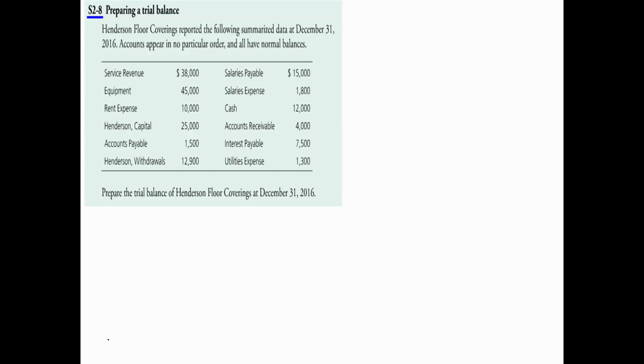So here's one where we're going to do it. We'll put our account name here. I have it squished up a little bit. And then some of them will have debit balance and some of them will have credit balance. So we'll take our assets first. We have cash, accounts receivable, and equipment being our assets. And assets all have debit balances.